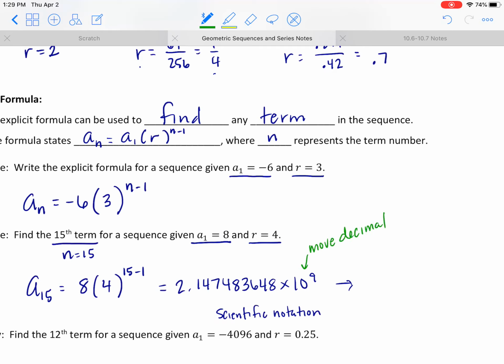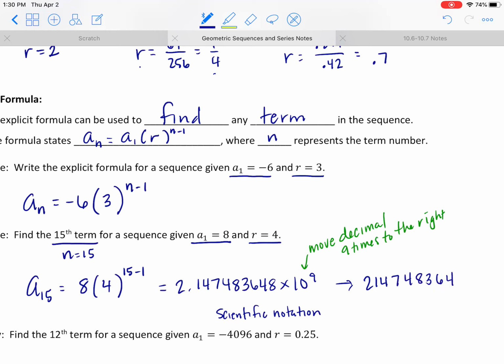So this 10 to the 9th power means move your decimal 9 times to the right. And if you saw that kind of notation, scientific notation, and the exponent was negative, then you would move your decimal to the left. So this is really the same thing as 2, and then if we moved it 9 times, 1, 2, 3, 4, 5, 6, 7, 8, 9, the decimal would be right after the 8.